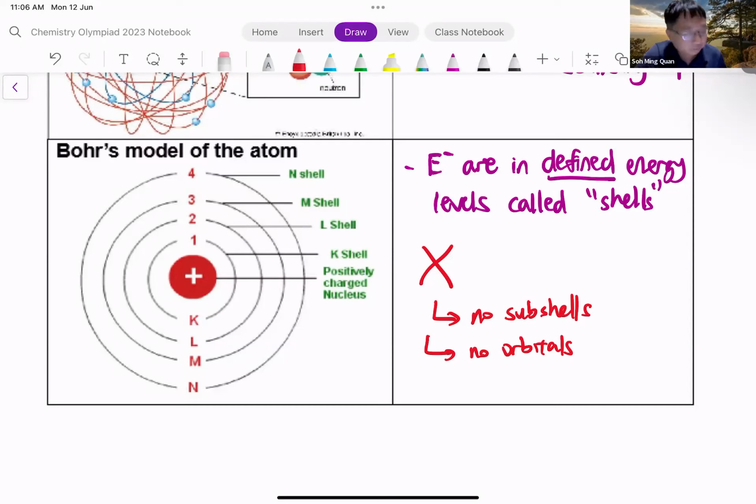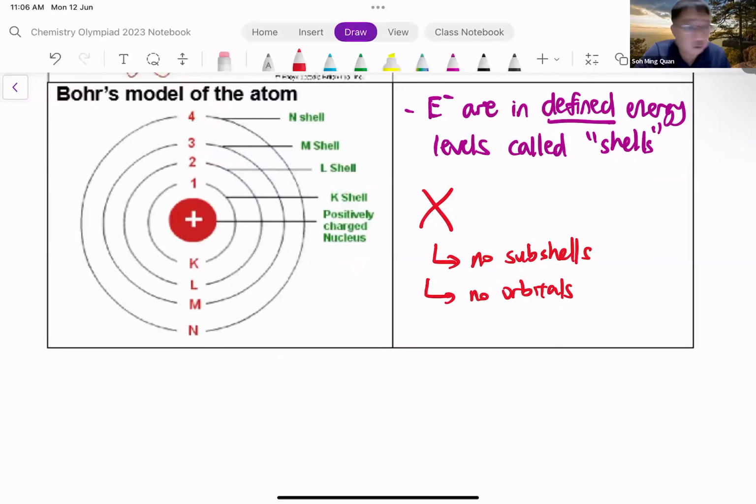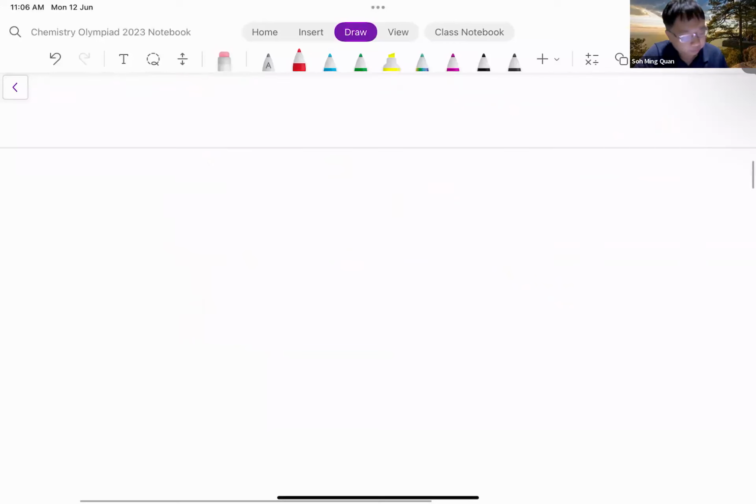Nonetheless, the Bohr's model of the atom is actually what you have been taught in Sec 3. It's one of the most reliable basic models of the atom that we usually teach students at the start of their chemistry studies. So these are the three models that we'll briefly go through.